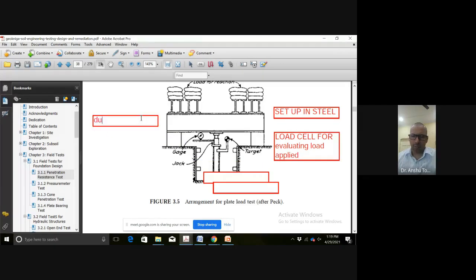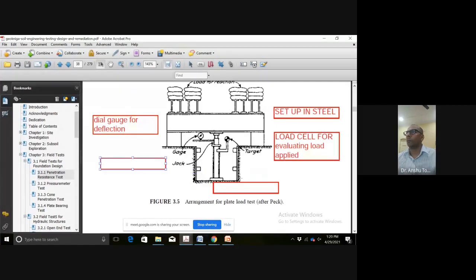Dial gauge for deflection. Bearing capacity evaluation.